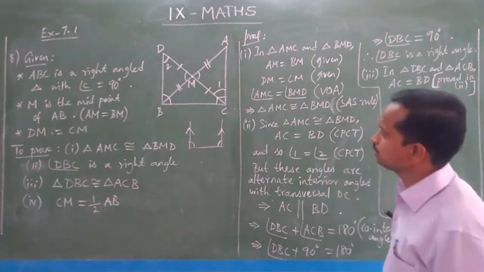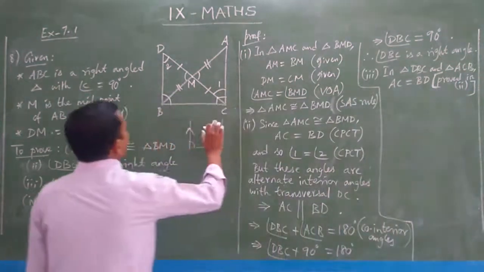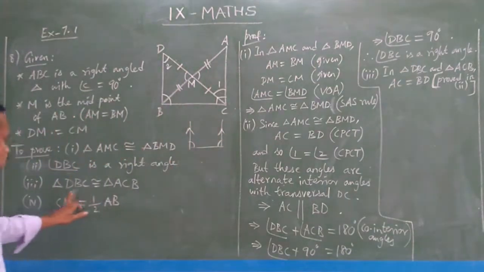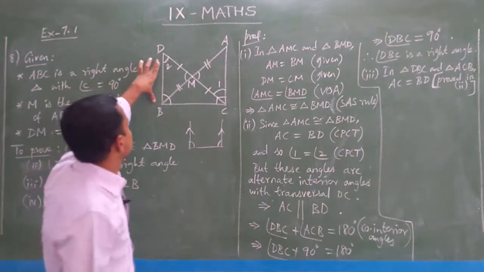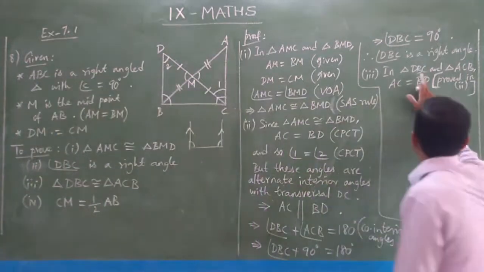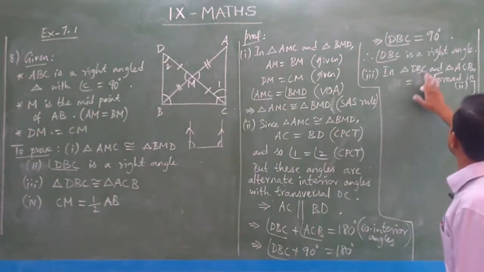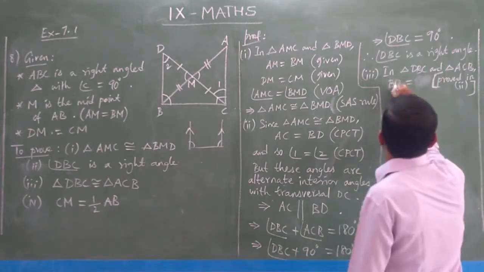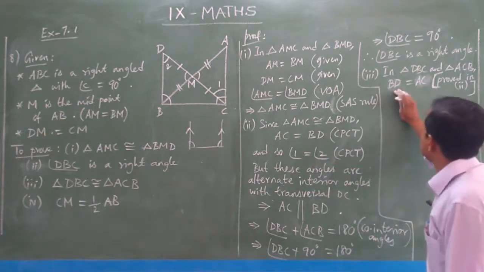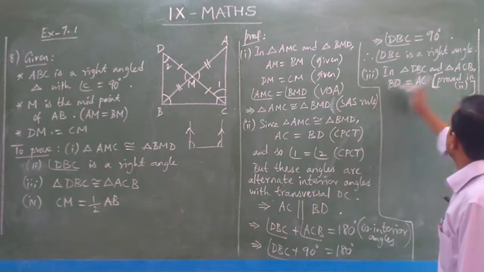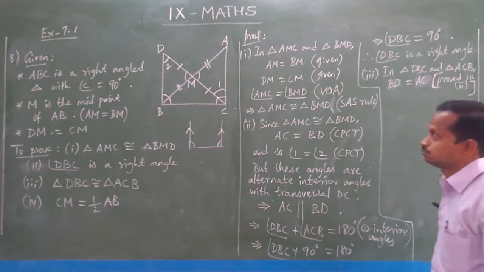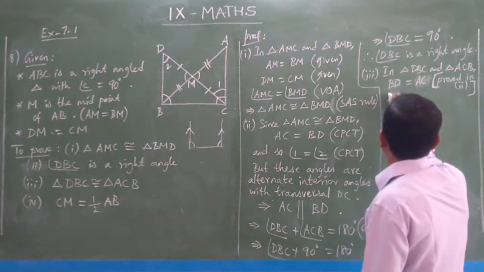And then in these two triangles, DBC and ACB, first BD and AC. I made a mistake here: for DBC we have to write the first part from the first triangle, on the left side, and from the second triangle, the right side. So BD equals AC, they both are equal. And BC equals BC, the common side.